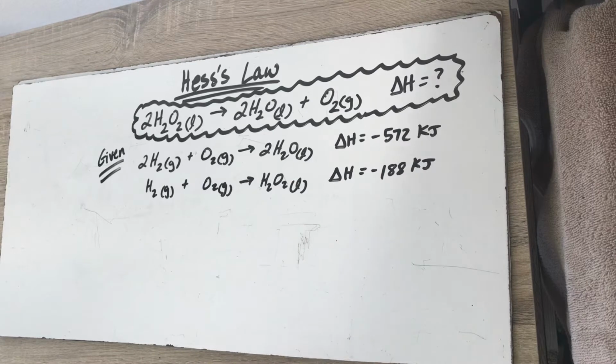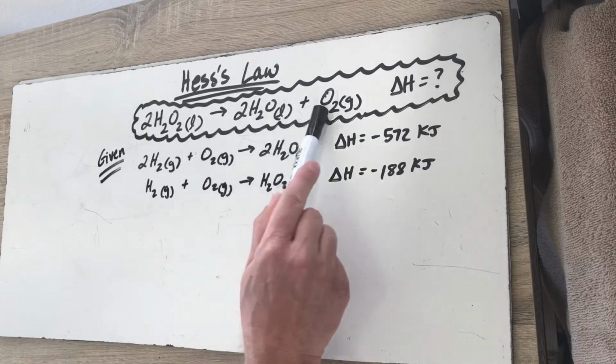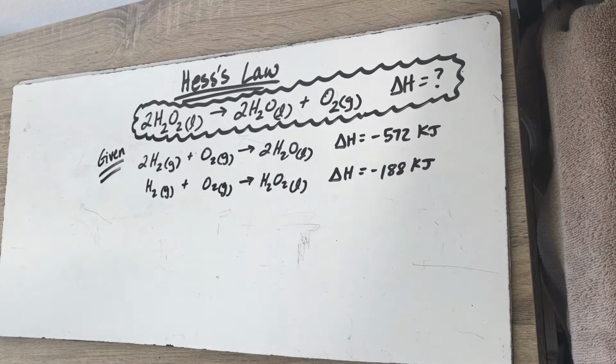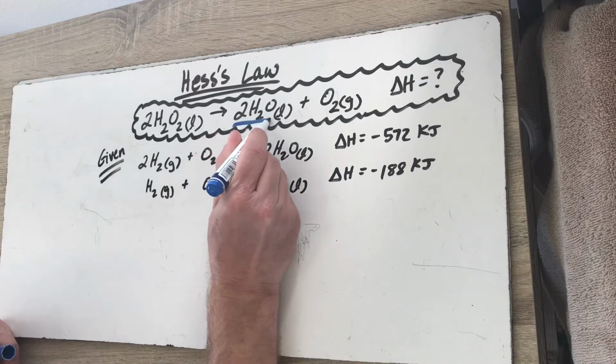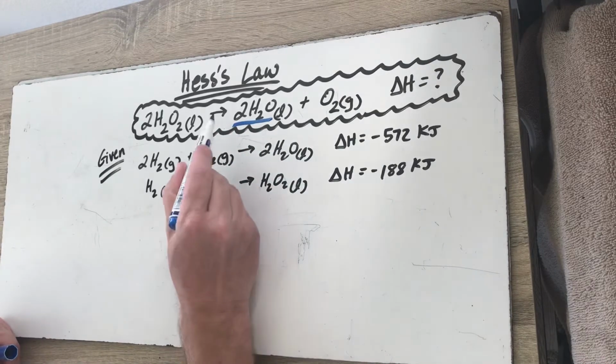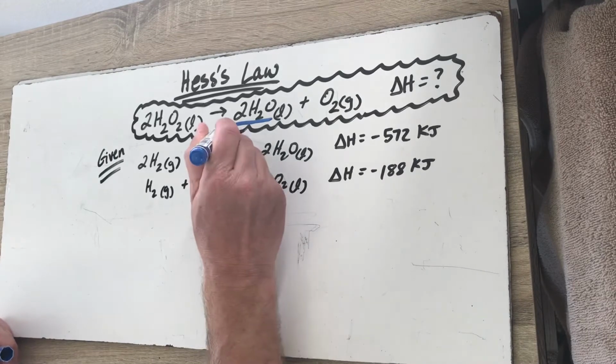Okay, now the way I do that is I try to look for things that I know for sure I'm going to need. Okay, so I look at this, and this has three things involved in the reaction. Now the first thing I'm going to notice is this right here, 2 moles of liquid water on the right side of the arrow as a product. I'm going to look for something like this.